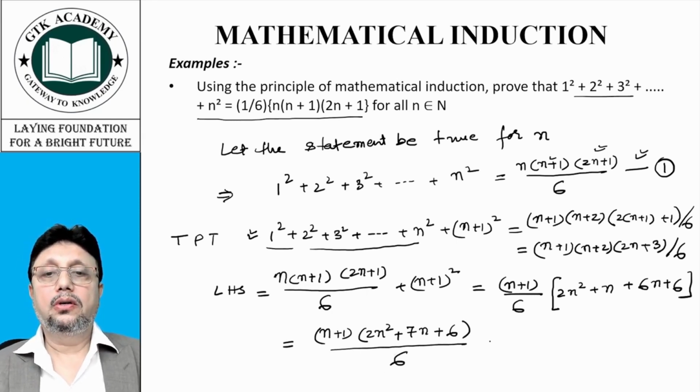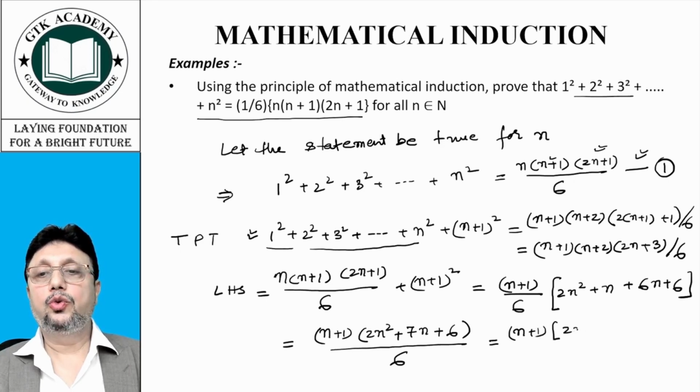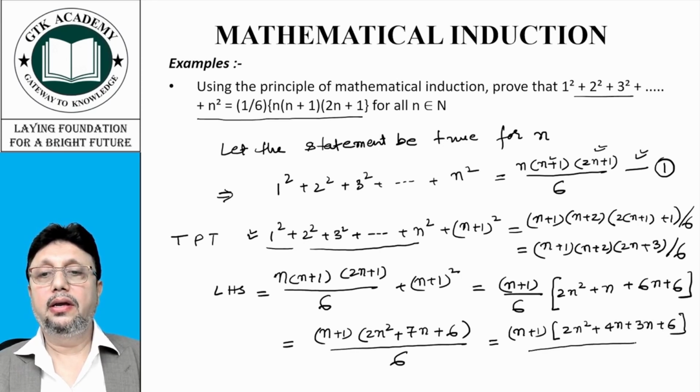Now just factorize it. n plus 1, this will be 2n square plus 4n plus 3n plus 6 divided by 6.